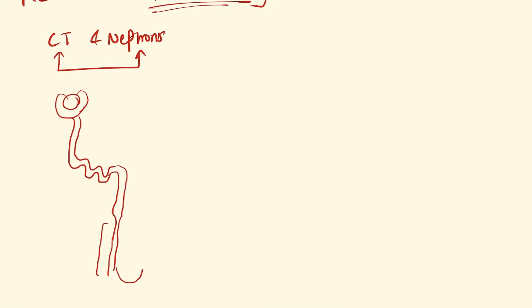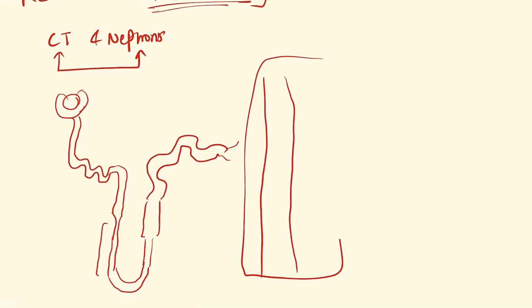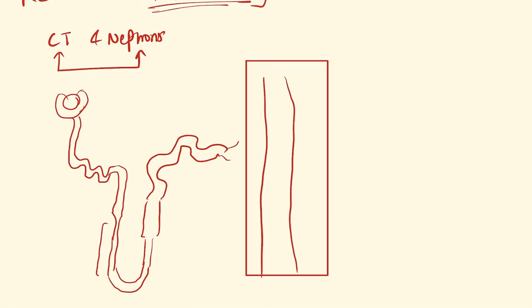Then this forms a loop of Henle, becomes thin ascending, thick ascending, and then distal convoluted tubule, and it goes to something called the collecting duct or collecting tubule here. So these two structures, one is the collecting tubule and another one is the nephron.